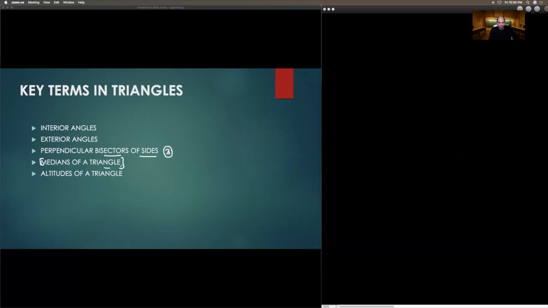So let's look at the second one, the medians of a triangle. When you look at the medians of a triangle, the median basically means that you are connecting the midpoint to the opposite vertex.